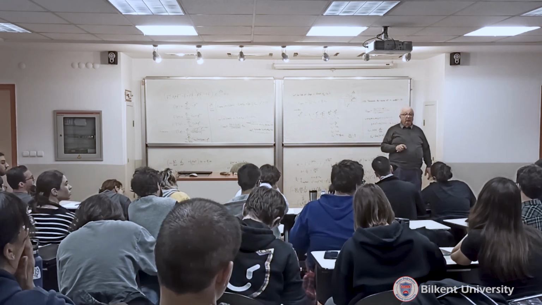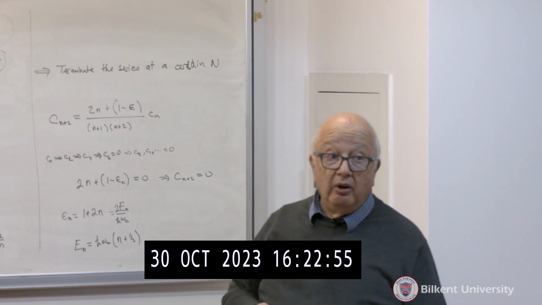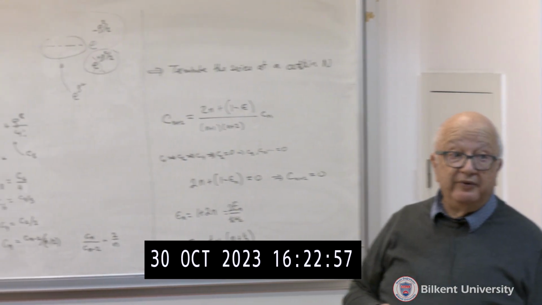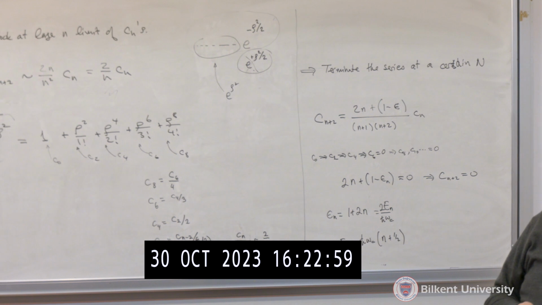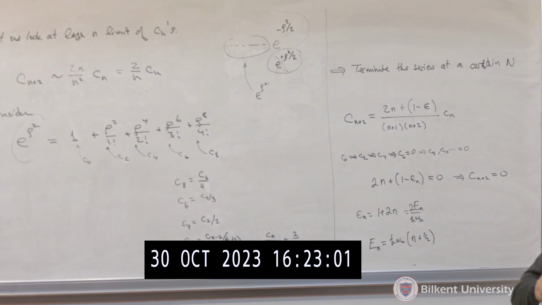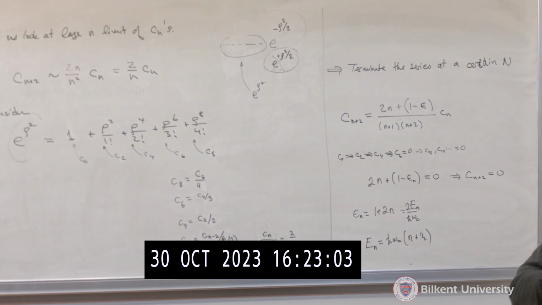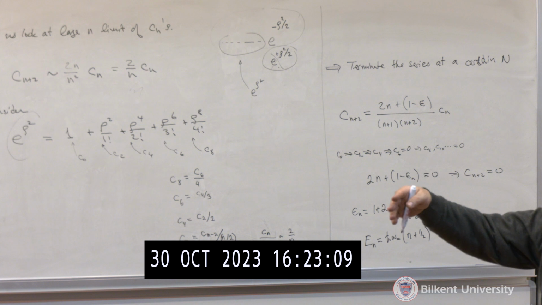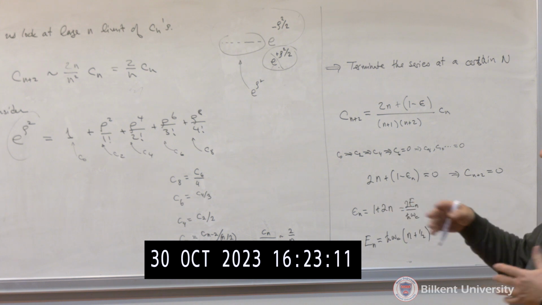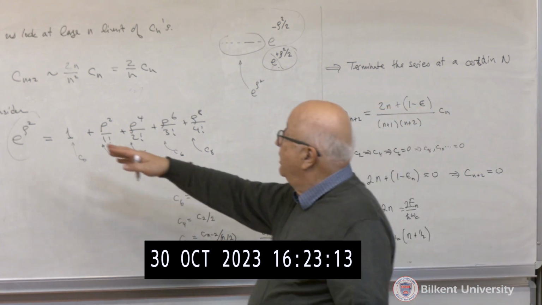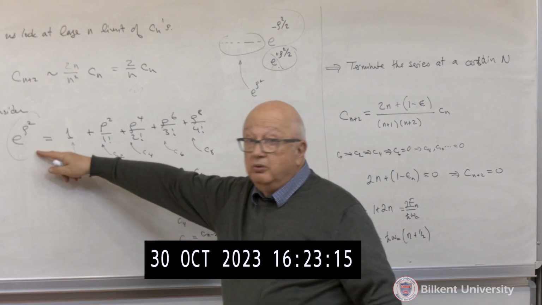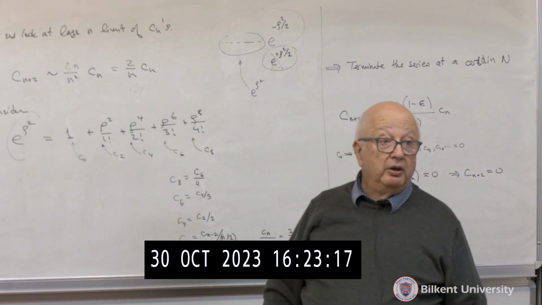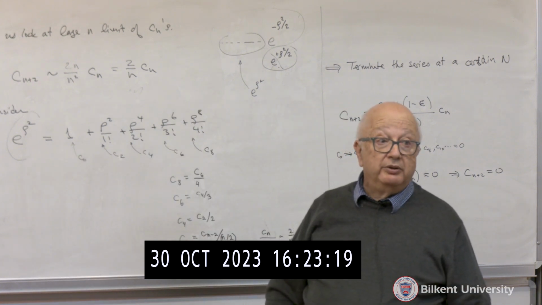I couldn't understand why we are setting C as 0. Because if I don't carefully kill it and let it become 0, then I'm going to get all of these coefficients finite, and if all of them become finite, then it turns into an infinite series which will go like e to the rho squared, which I don't want.